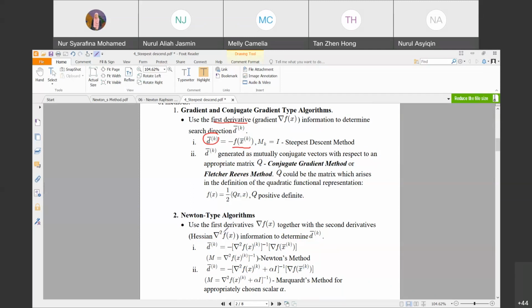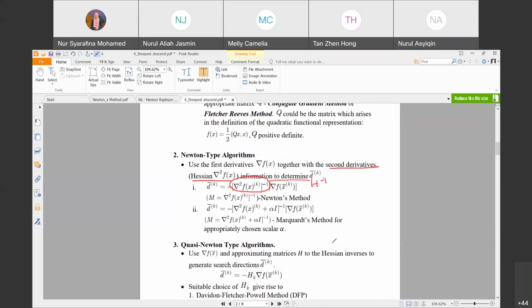The direction for Newton will use the second derivative, the Hessian, where we use the inverse matrix of the Hessian. Compared to steepest descent, where we only use the first derivative, in Newton we calculate the Hessian matrix first, and then evaluate the inverse of the Hessian matrix. The rest of the process is similar to steepest descent.